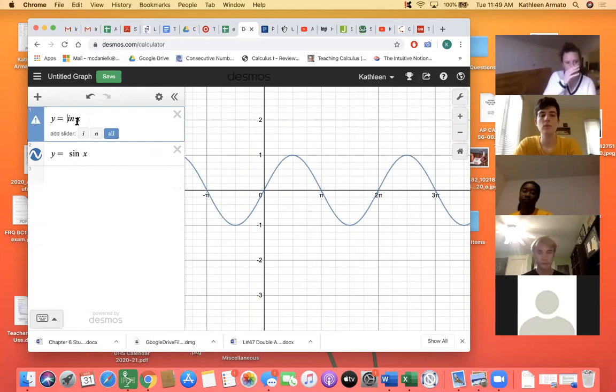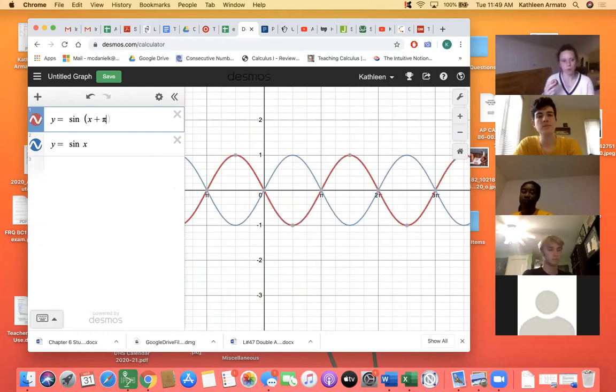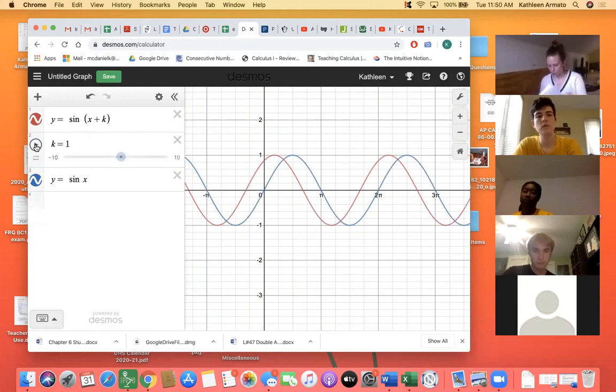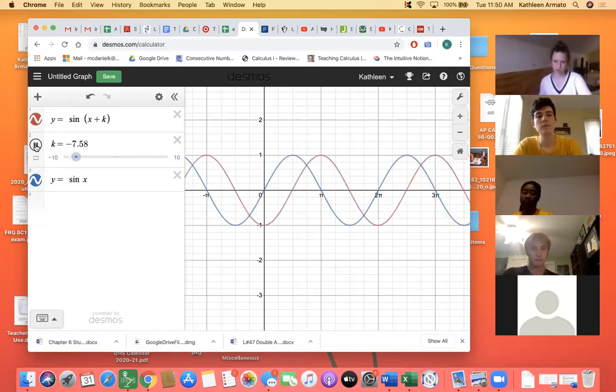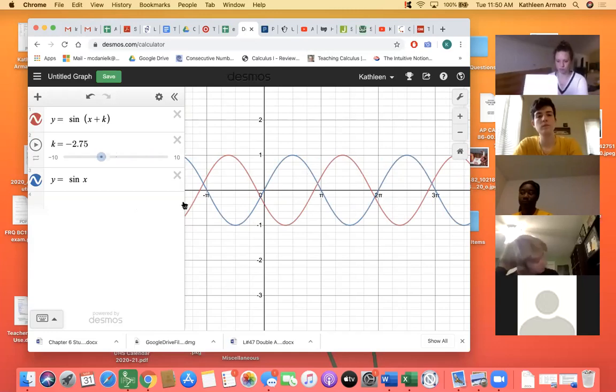What we're seeing again is that if you have x plus or minus a value, I'll just do k, add a slider, it doesn't change the shape of the graph, it just moves it left or right. So it's what we call a horizontal shift or translation. Questions about that? Is that making sense?